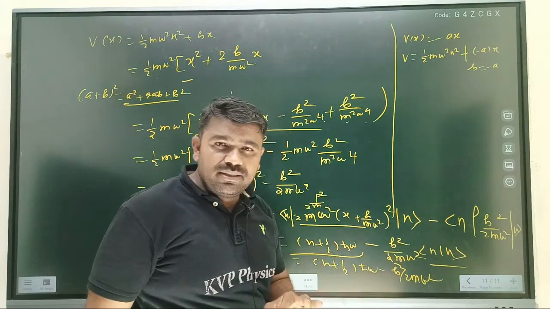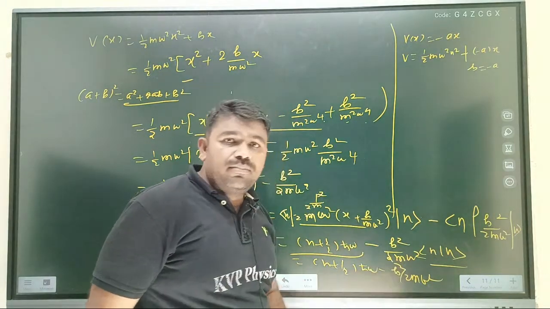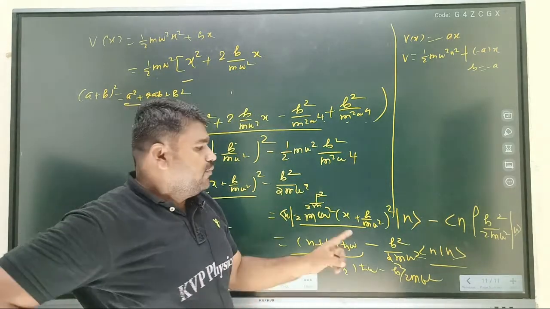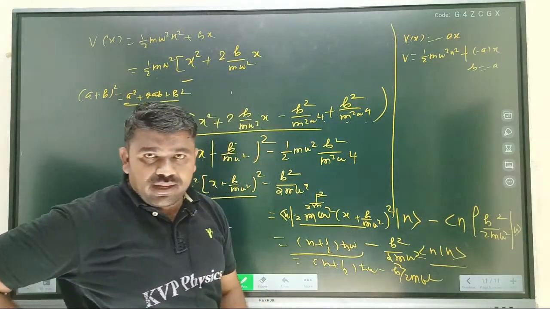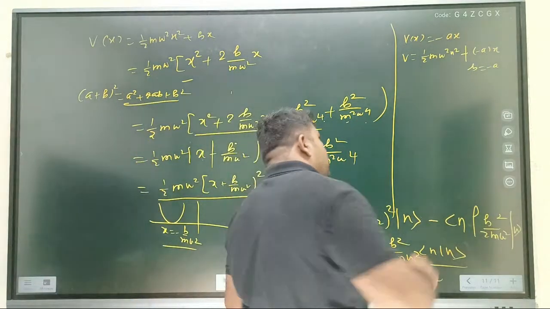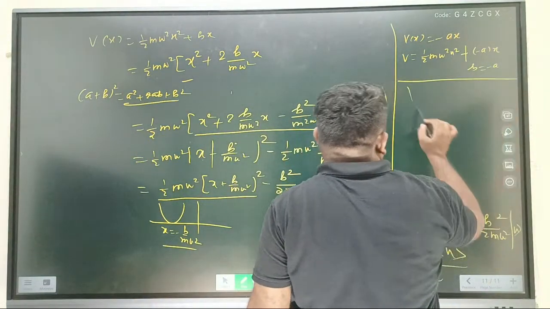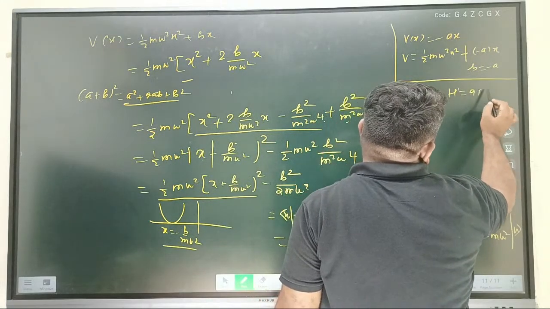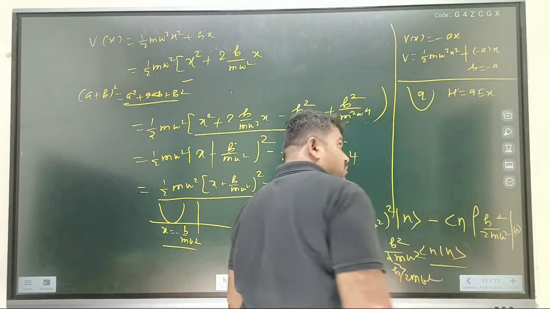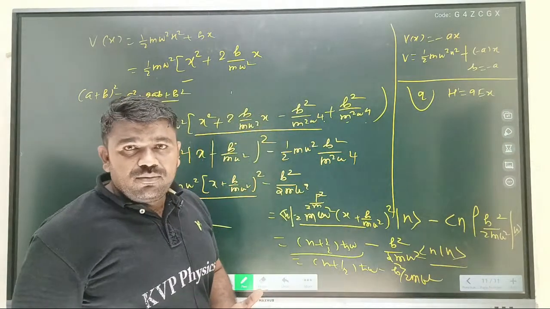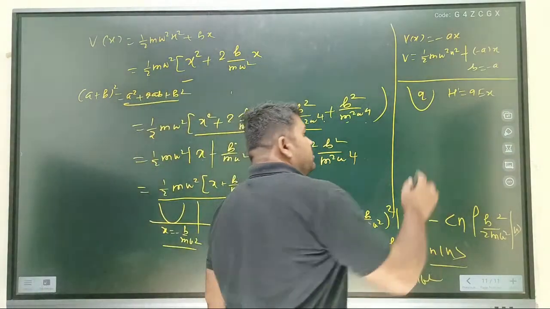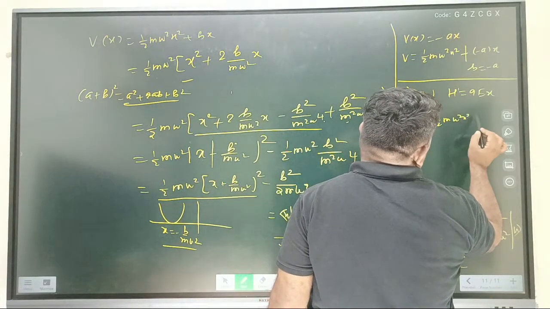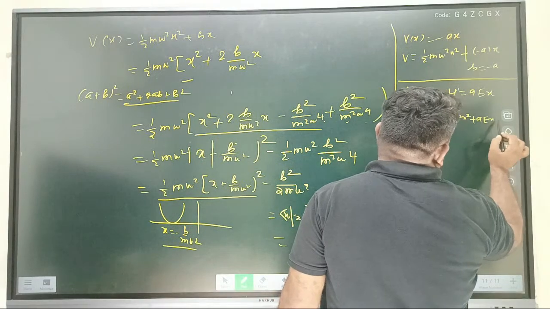Meaning again we are getting the same answer, a square upon 2m omega square. There are two chances, we may give plus or minus, in both we get the same answer, b square upon 2m omega square. Clear? Last time we saw the particle in a box. Okay, we can apply the electric field. What is the h prime? h prime is equal to qEx. What is the unperturbed potential? 1 by 2 m omega square x square. What is the perturbed potential? V is equal to 1 by 2 m omega square x square plus qEx.